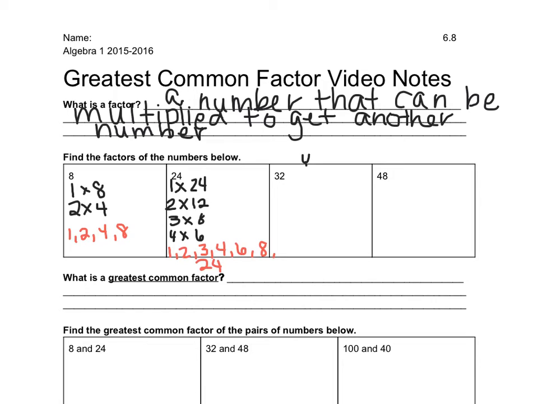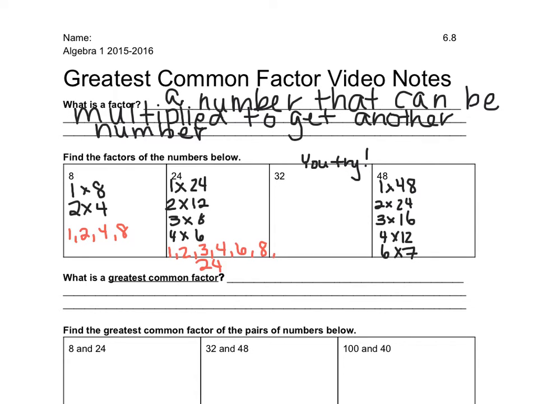I want you to try 32. I'm going to do 48. So 48 is 1 times 48, 2 times 24, 3 times 16, 4 times 12, 6 times 8.